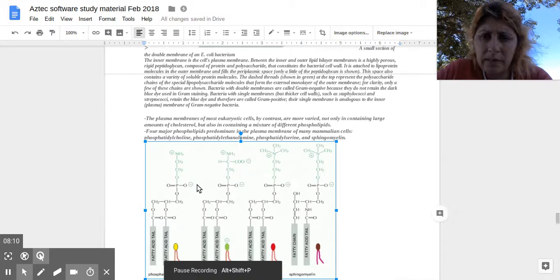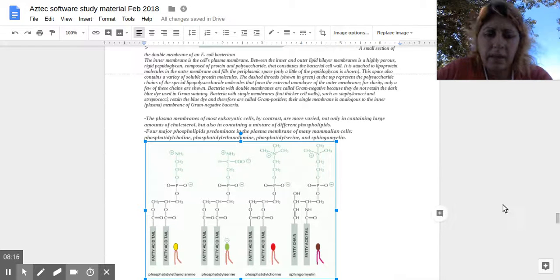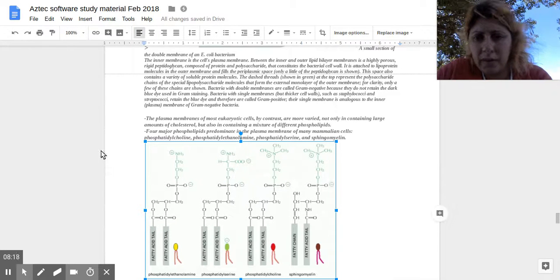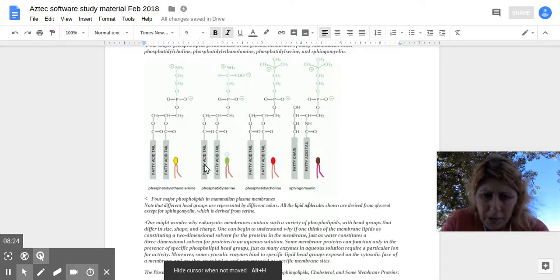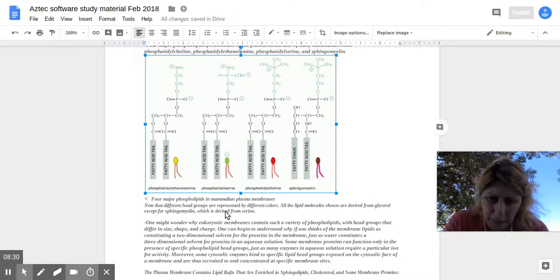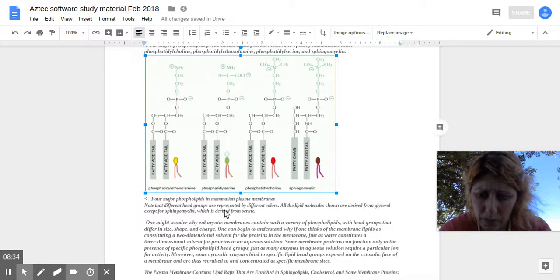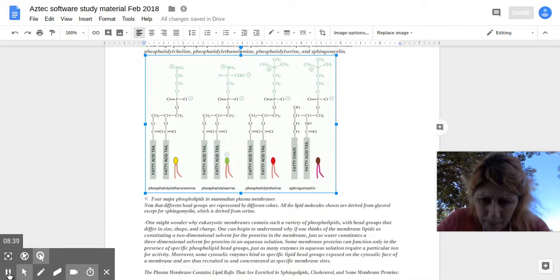So plasma membranes of eukaryotic cells has a mixture of different phospholipids. They also contain large amounts of cholesterol, helping with membrane rigidity. So various molecules, proteins, etc., interact with these phospholipids, especially with the head groups, in various ways.